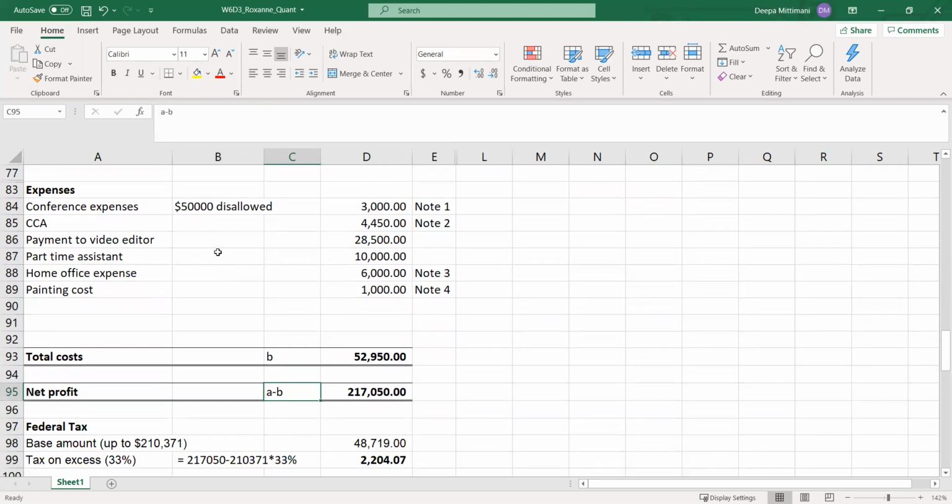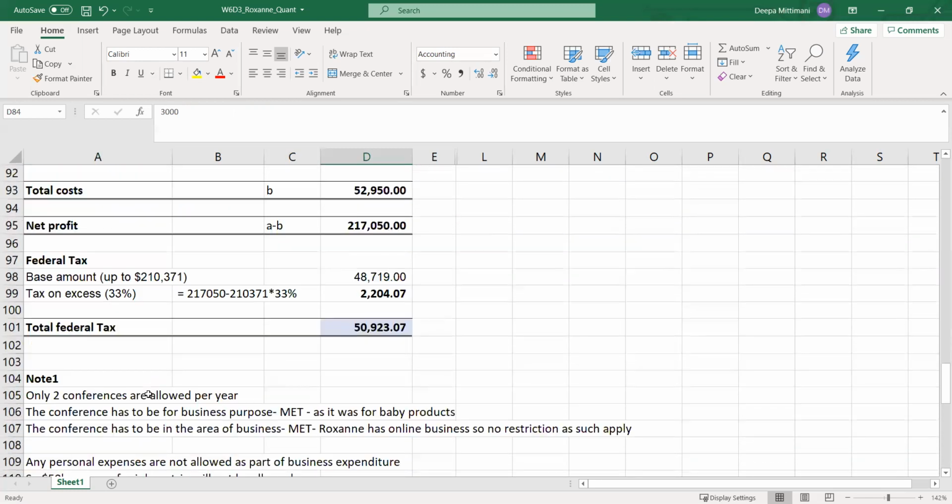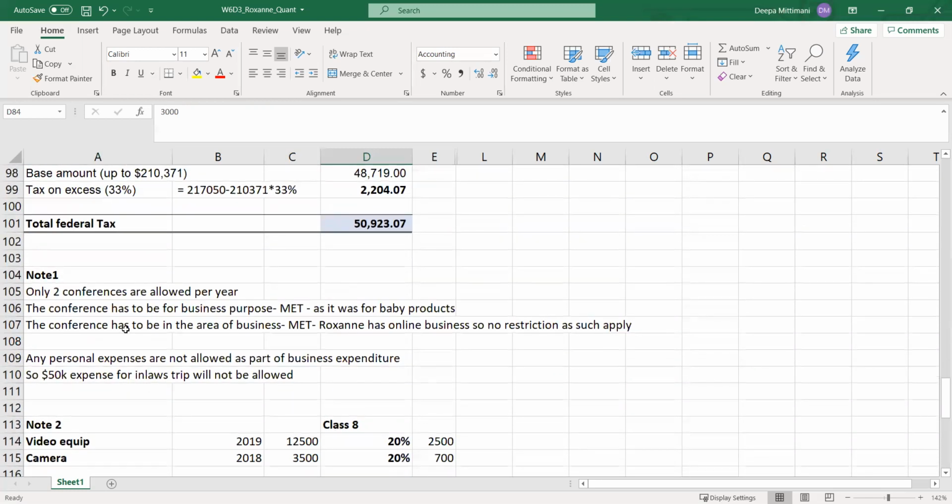Now, if we go one by one through the line items, take conference expenses. There are some conditions for the conference expenses. I'm writing here 50,000 disallowed, and 3,000 is the expenditure that is deducted. And then there is note one. What is note one? In that, I'm specifying the tax rule. Only two conferences are allowed per year. The conference has to be for business purpose.